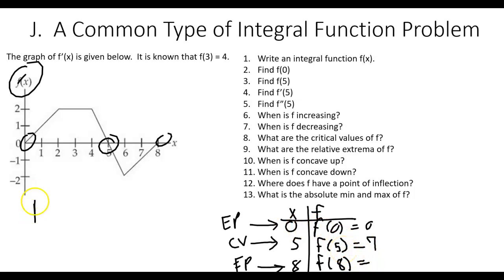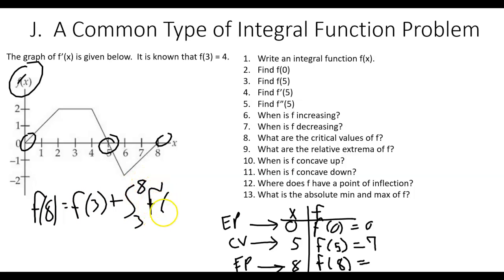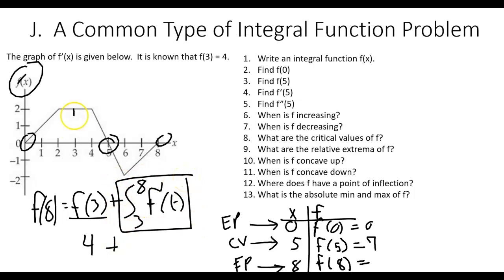So f of 8 is equal to f of 3 plus the integral from 3 to 8. So this is 4, and this is the area from 3 to 8. So we need to find the area of that trapezoid, and we need to find the area of this triangle. All right, so the first trapezoid there has an area of 2 plus 1 is 3.